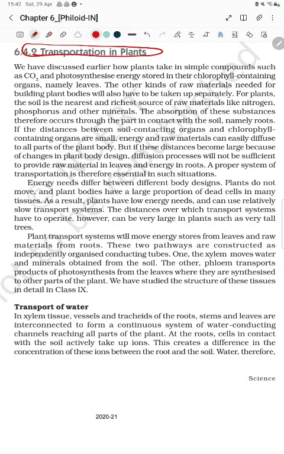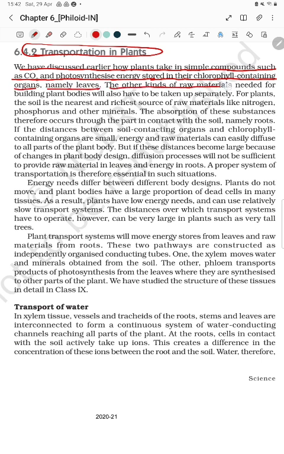Now, if you talk about the transportation in plants, students, we have discussed earlier how plants take in simple compounds such as CO2. Photosynthesis energy is stored in their chlorophyll-containing organs, namely leaves.